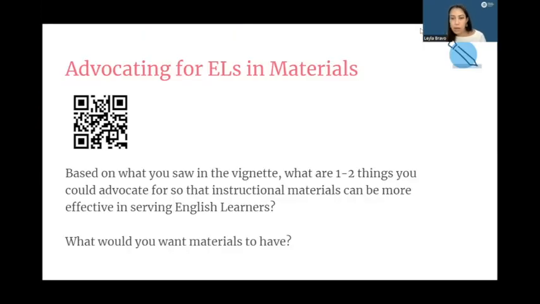What are 1 to 2 things you could advocate for so that instructional materials can be more effective in serving English learners? What would you want materials to have so that they can support teachers to support students?